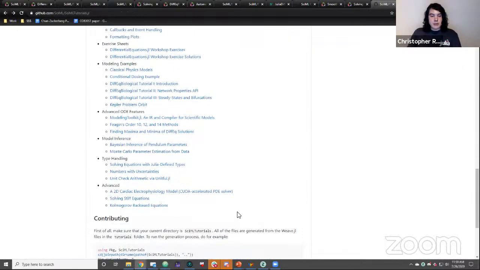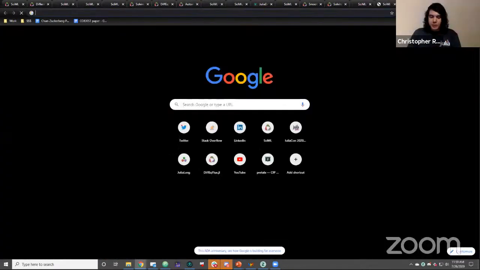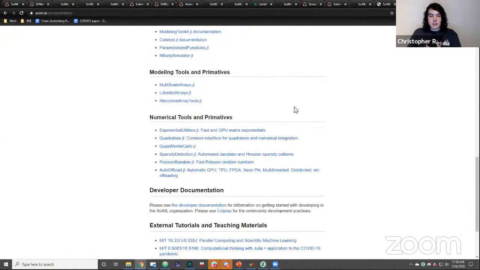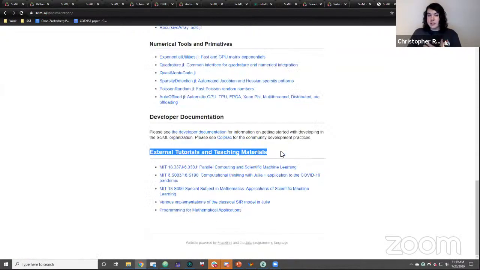Yeah, so 18337 I think is mentioned in here. So if you want to find more of these, if you want to understand more about how these tools are made and how to work on these tools, you can also look in the documentation section. There are external tutorials and teaching materials also mentioned. I run a whole course at MIT all about scientific machine learning. How do you go through to do the model discovery, and how do you write all those components from scratch?